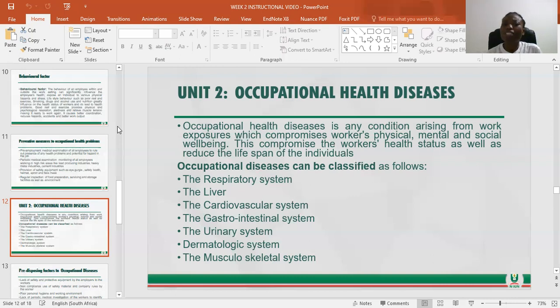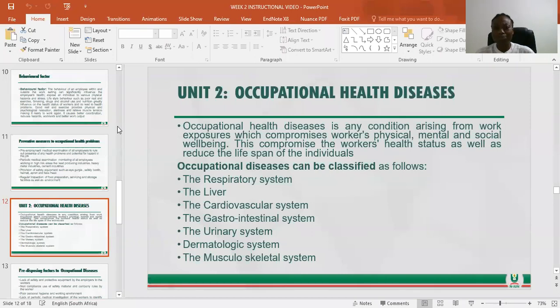So when you talk of occupational health disease, it cuts across all the spheres of our life: the physical, the mental, and the social well-being. So where any of these three is compromised, there is occupational disease, because it is a situation at work.